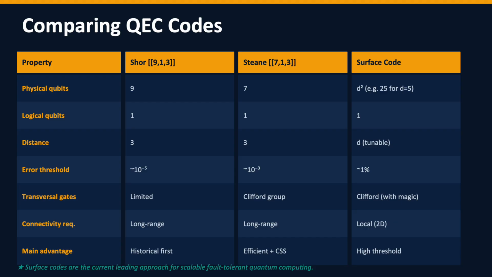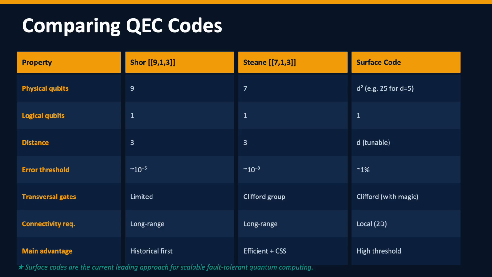Comparing the major quantum error correcting codes, or QEC codes, side by side reveals clear patterns in how the field has progressed and what trade-offs different approaches make. The Shor code, while historically groundbreaking, requires the most physical qubits of the three for a given level of protection and has the most stringent requirements on qubit connectivity.